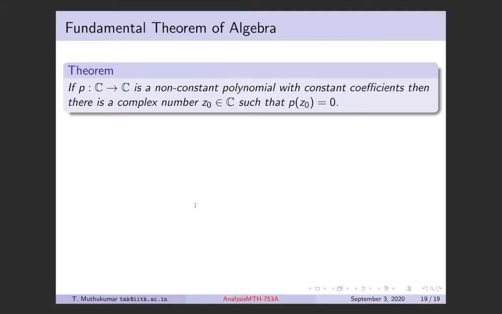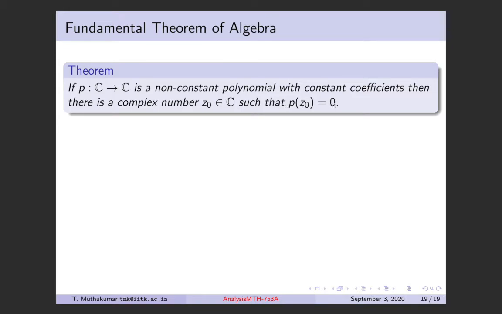So let's look at the statement. You have a polynomial p from C to C which is non-constant, with constant coefficients, of course. Then there is a complex number z0 such that p(z0) is 0, right? And this is what we need to prove. We just need to show at least one root exists.